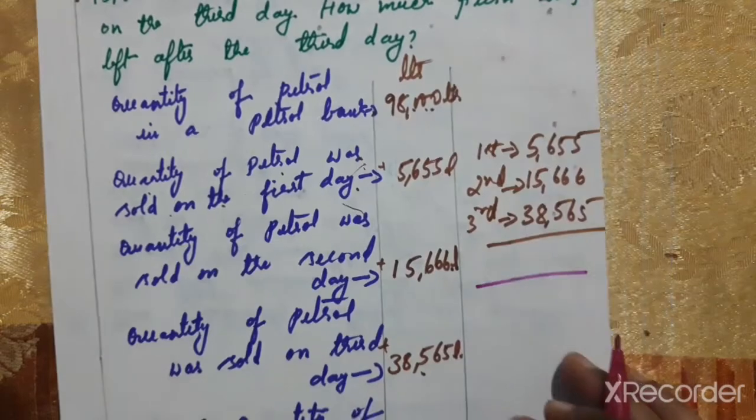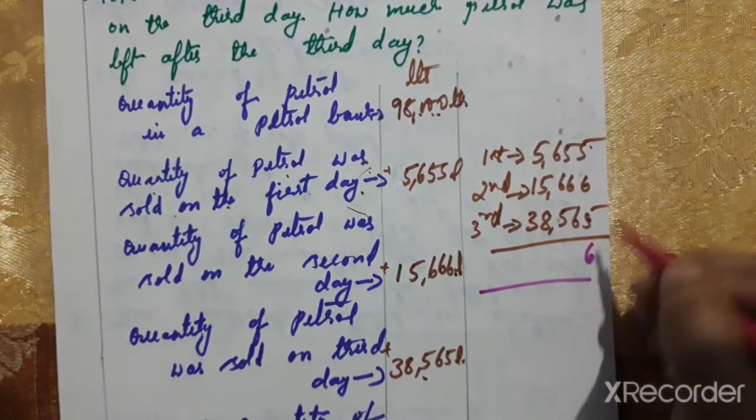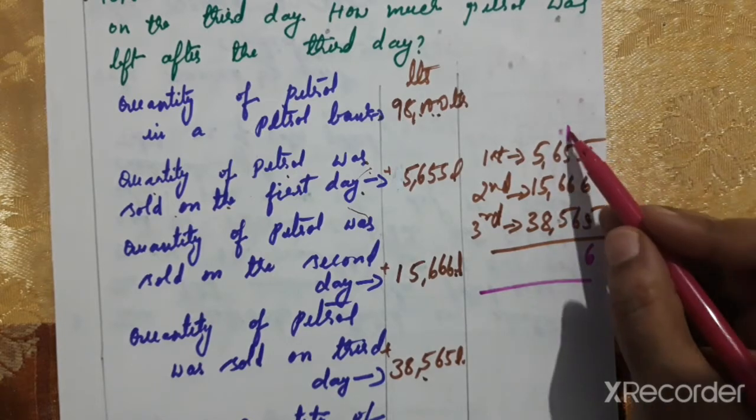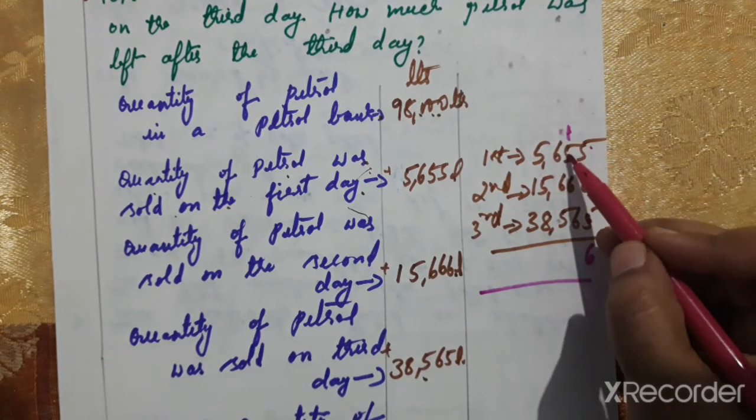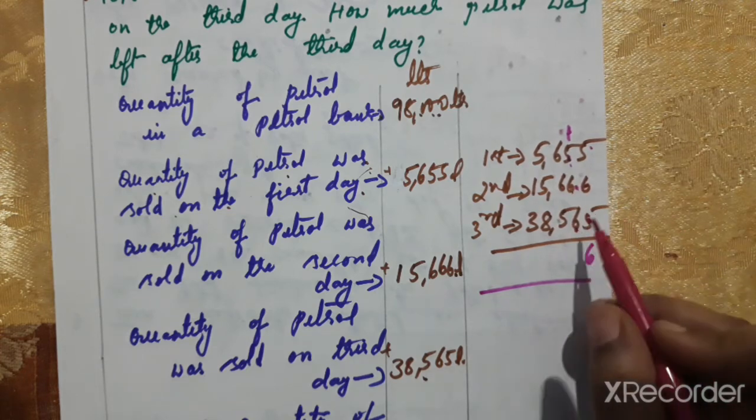Okay. Now 5 plus 5 is 10. 10 plus 6 is 16. So 6 here, 1 carry to next place. 1 plus 6 is 7, 7 plus 5 is 12, 12 plus 6 is 18.